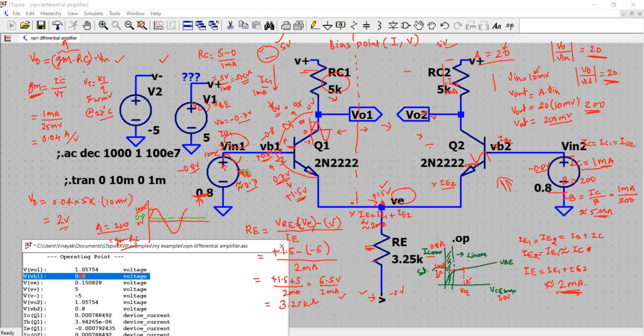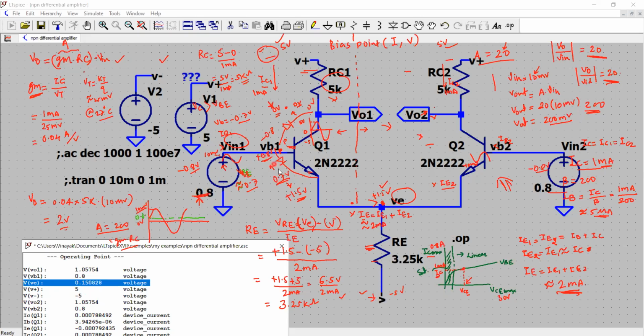Now the VB1 is what we have said, 0.8 volt, and voltage at the emitter is 0.15. So this is what we predicted. We wanted it to be 1.5 volt, and this is 0.15 volt. But let us see if our PN junction diode at the base-emitter junction is forward biased or not.